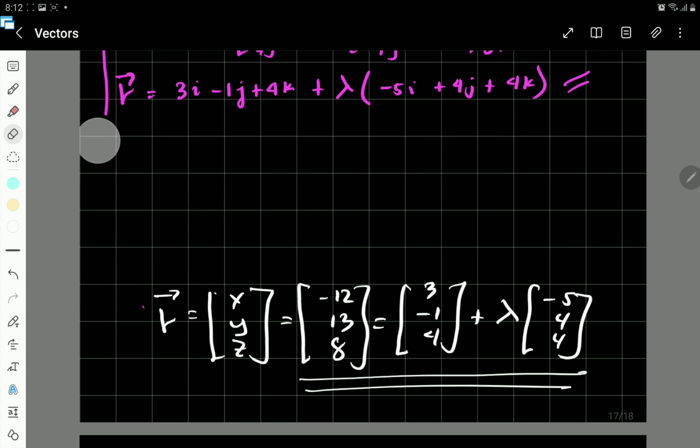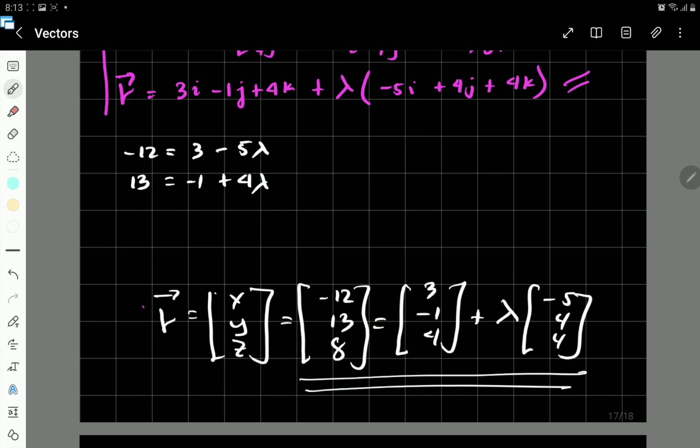We need the lambda that will satisfy this. We're going to get several equations: negative 12 is equal to 3 minus 5 lambda. Then we also have 13 is equal to negative 1 plus 4 lambda.